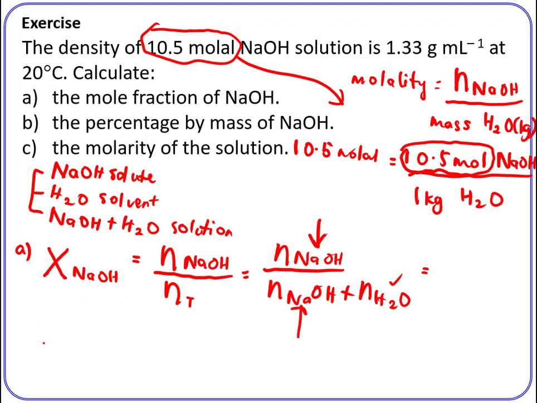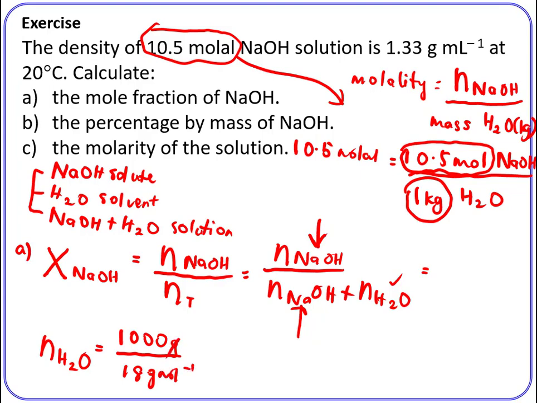How about mole of water? How to find the mole of water? So mole of water equals to 1000 gram. This one, 1 kg, you convert into 1000 gram. Divide by the molar mass of water, which is 18 gram per mole. So what is the mole of water?